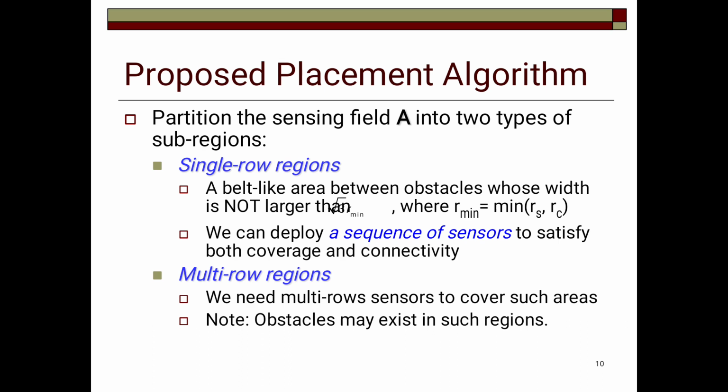There are two types of regions: single row regions and multi-row regions. In multi-row regions, we need multi-row sensors to cover such areas. Obstacles may exist in such regions.